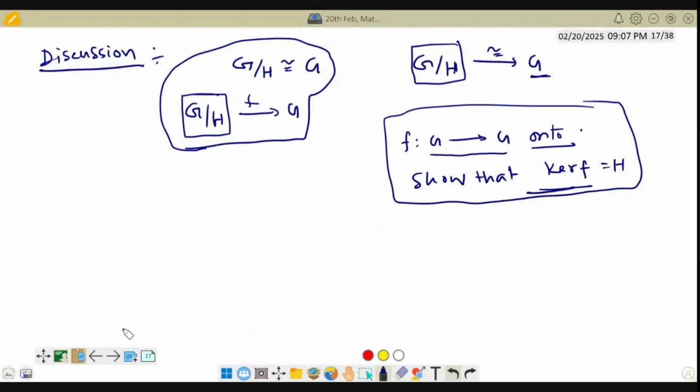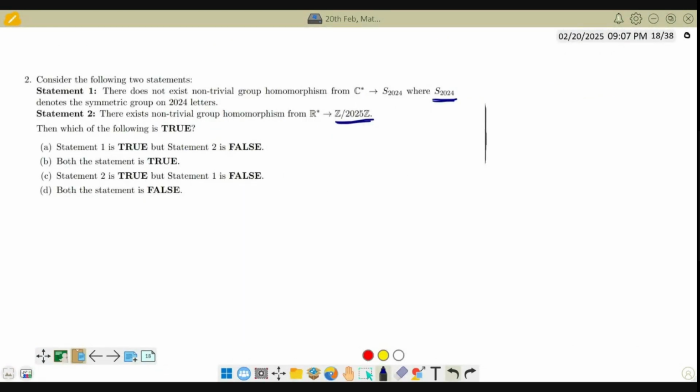So now let's think about this problem. How will you approach it? What is your intuitive idea? You do not need to solve it properly. After seeing this problem, what will you think? Around 2013 or 14, similar questions were asked in the NET exam.